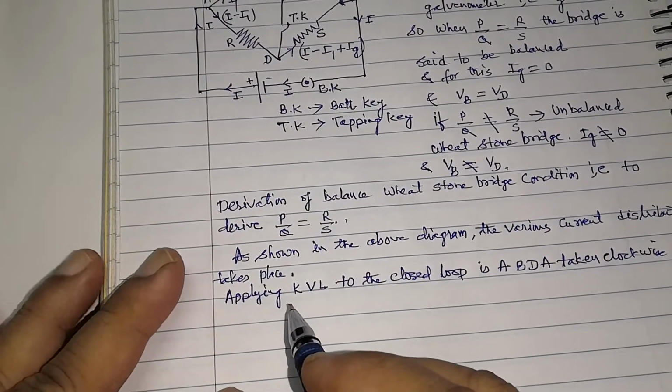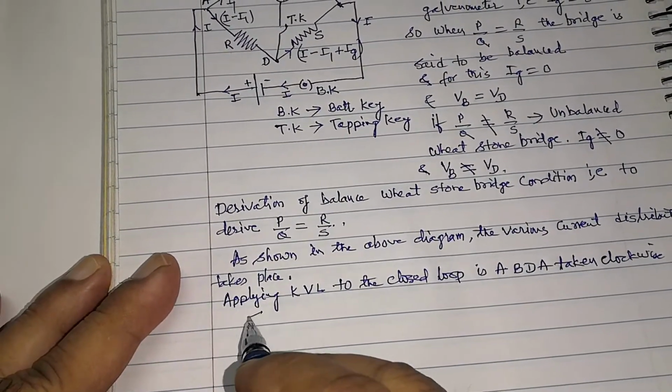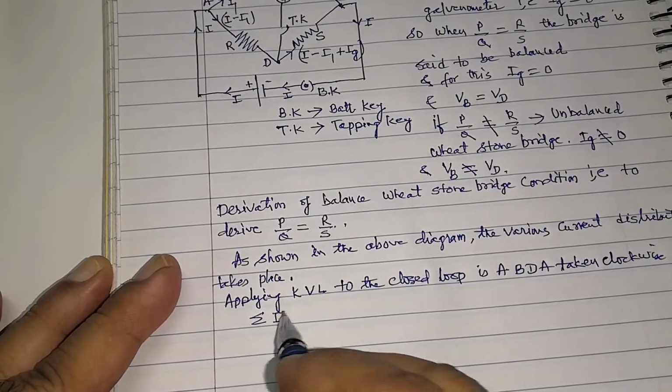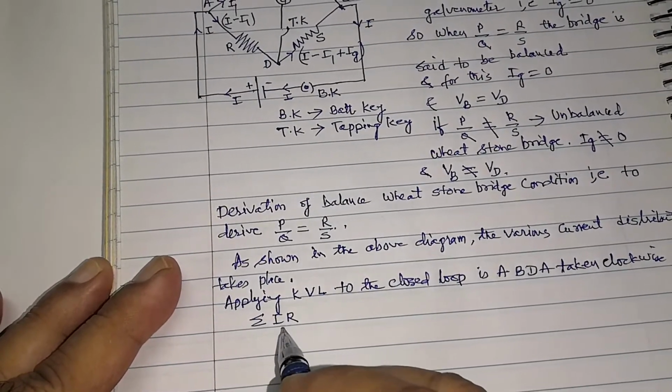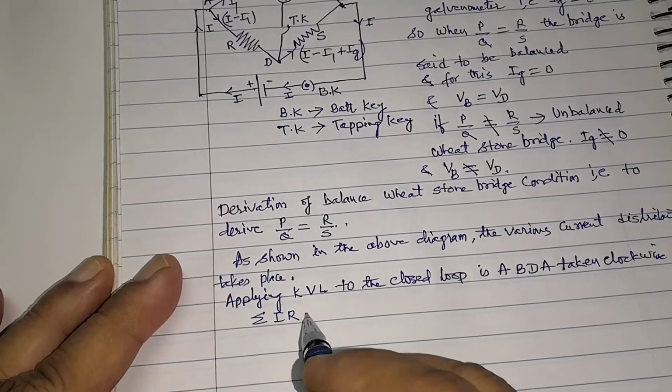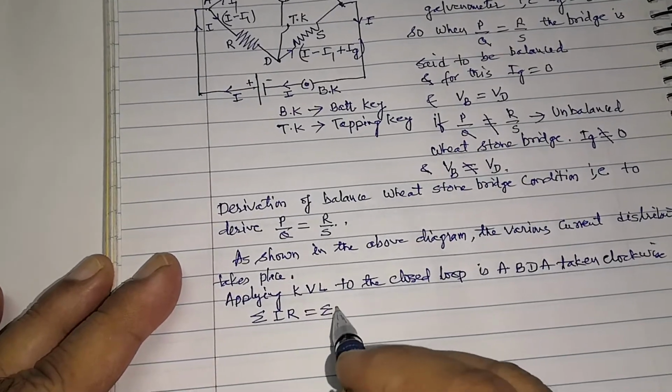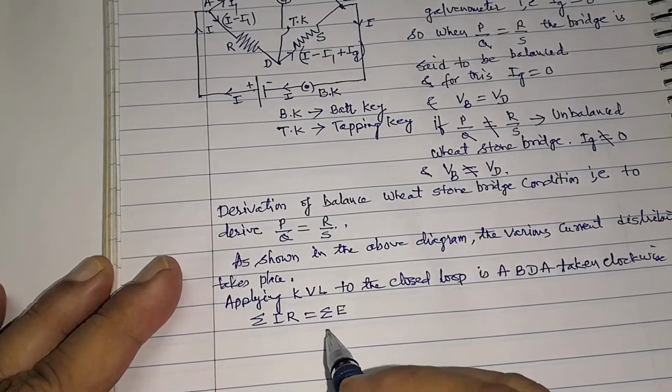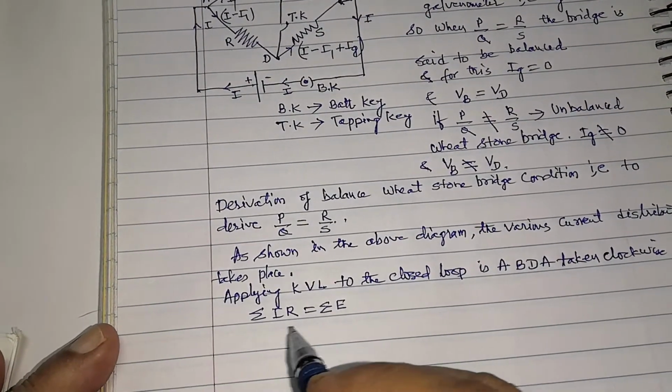Now here the law is the algebraic sum of the product of current and resistance is equal to the algebraic sum of the EMF.